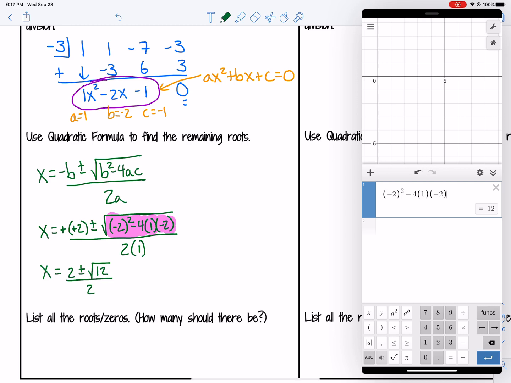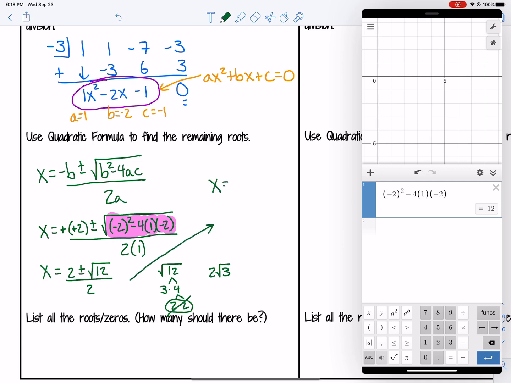Now we need to think about the square root of 12. 12 comes from 3 times 4. We make a factor tree: 4 comes from 2 times 2. So under the square root, we can take out a number we have 2 of. That means we take out the 2, but we still have the square root of 3 left over. Now we put it all together.